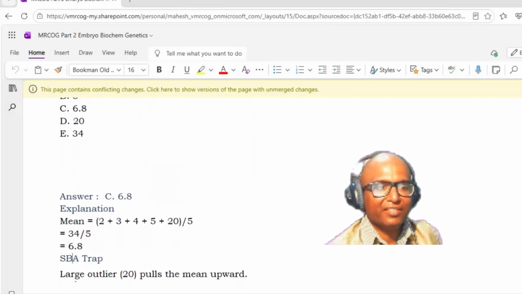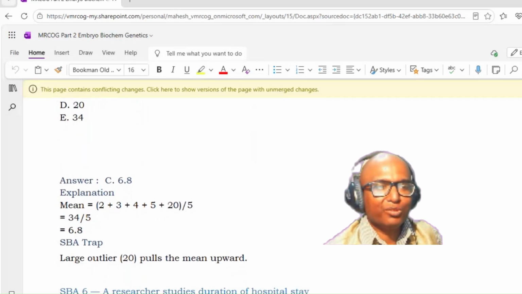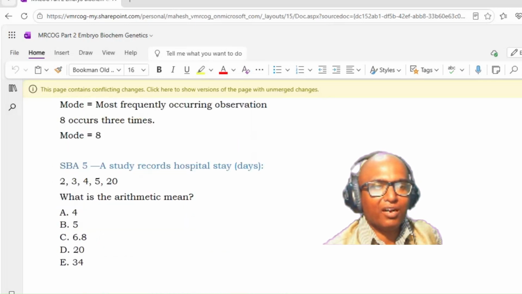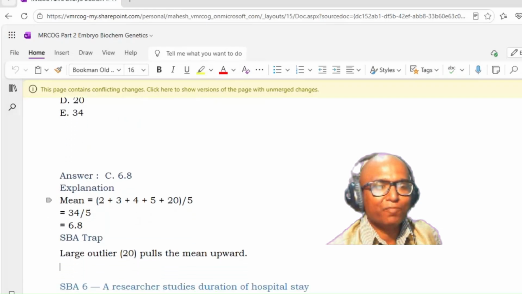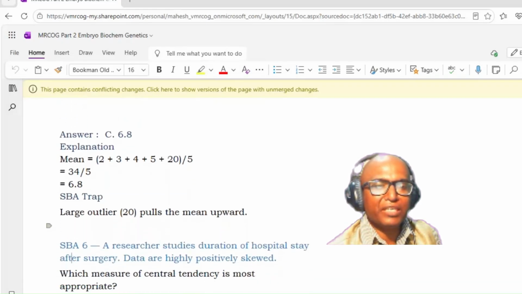Here you notice there is an outlier, which is why this has become 6.8. Otherwise, it would have come somewhere around 3 or 4, because the other observations are 2, 3, 4, 5. Outliers will always affect the arithmetic mean; a larger outlier pulls the mean upward.